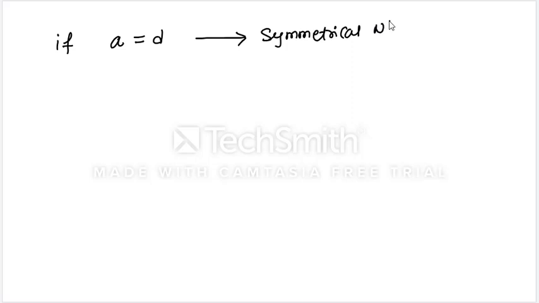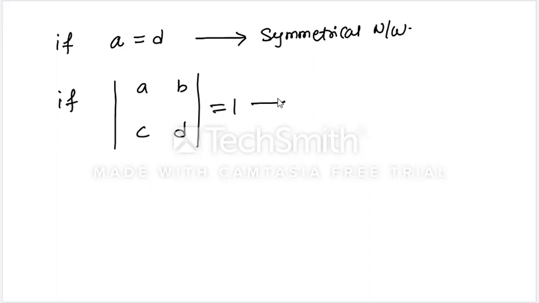This is a very important thing. Next, as usual, if the determinant of A, B, C, D is equal to 1, this is the condition for a reciprocal network.